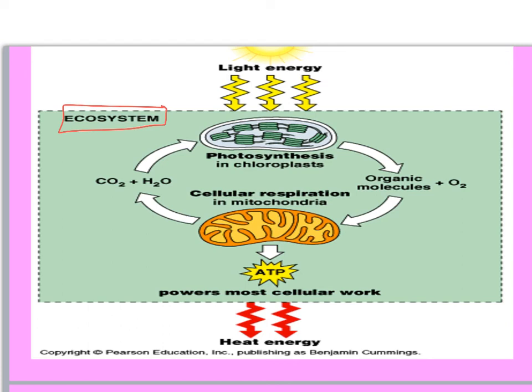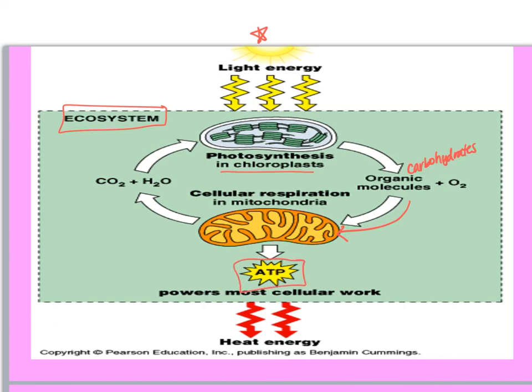So if you look, we'll start here with the sunlight, which was the ultimate energy source. And that light energy goes into the chloroplast in photosynthesis. And then that produces your organic molecules, which is going to be your carbohydrates, your glucose, and also your oxygen gas. Then the carbohydrates and the oxygen gas go into the mitochondria for cell respiration.